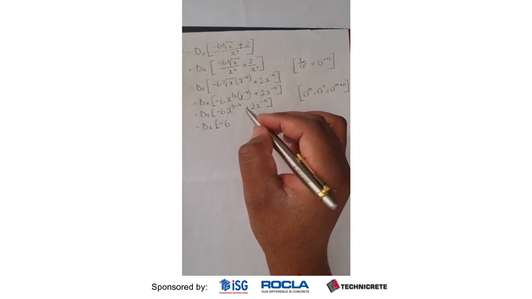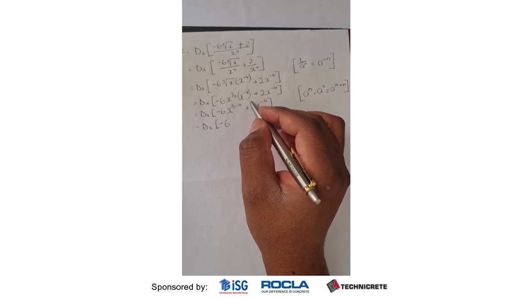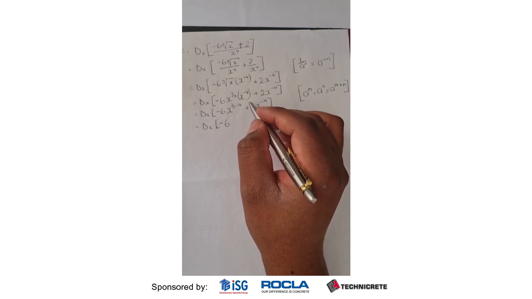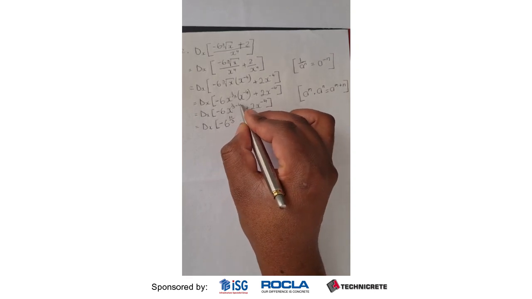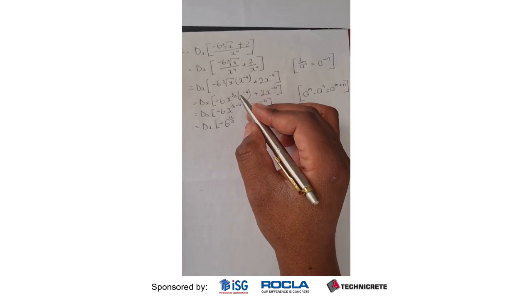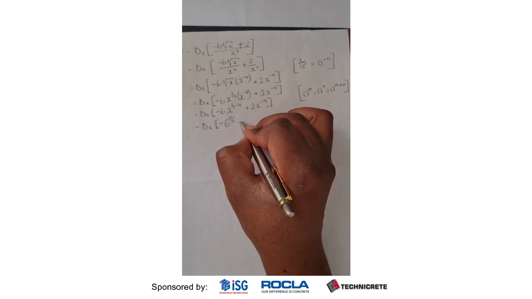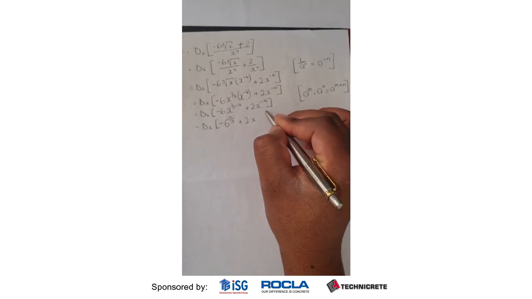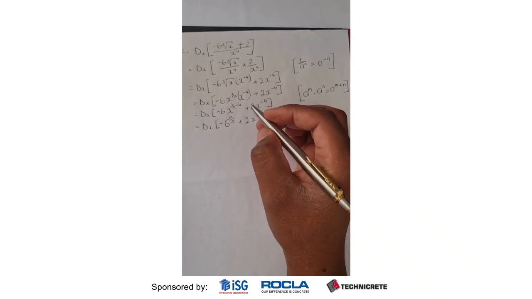And then what is 1 over 3 minus 4? When you find that out, you find that it's negative 11 over 3. And our 2x to the power of minus 4 is unchanged still.